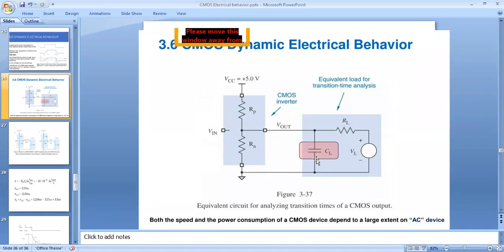That's why here we consider the capacitance effect, stray capacitance effect, which is represented with the CL. So totally RL, CL and VL are considered as load.